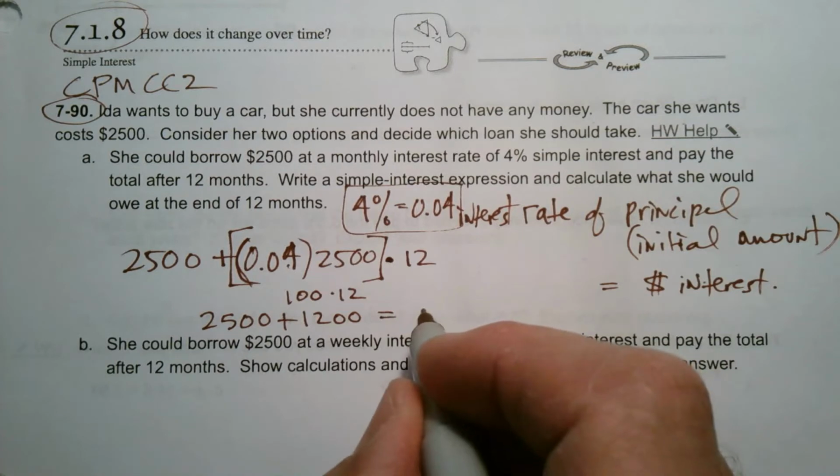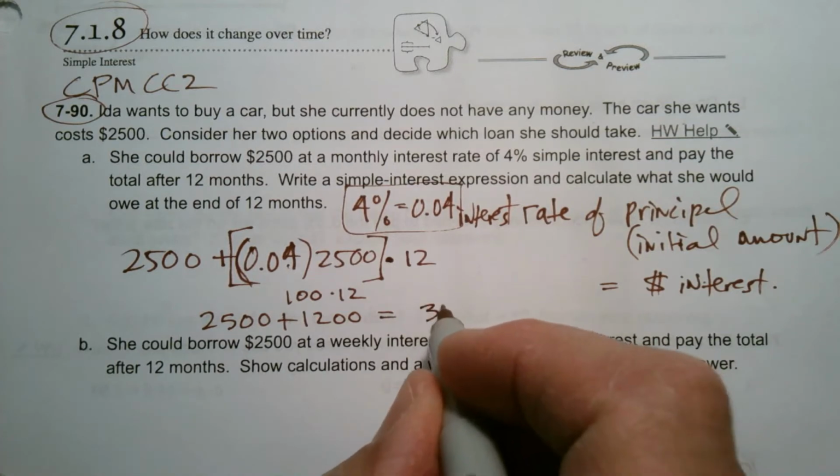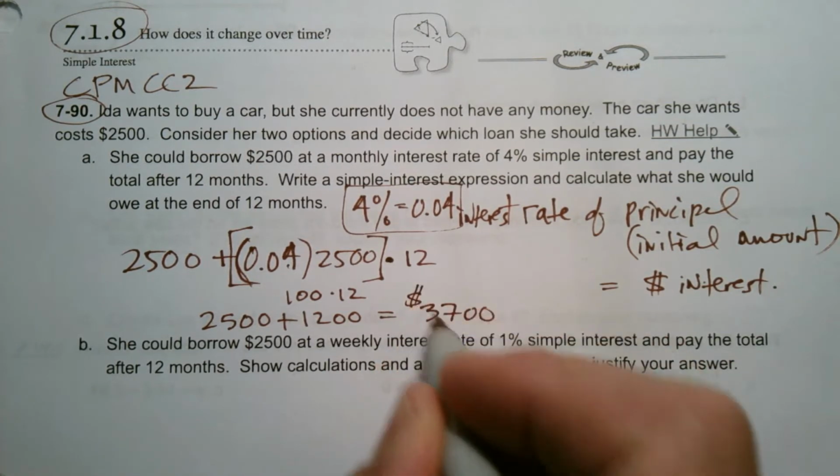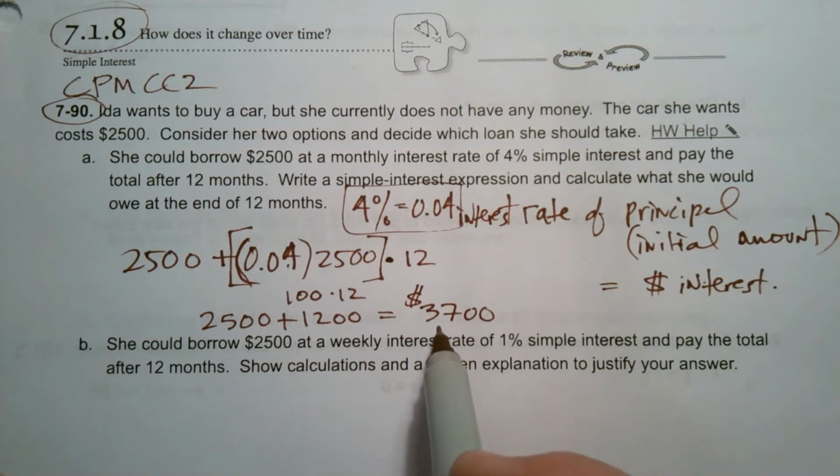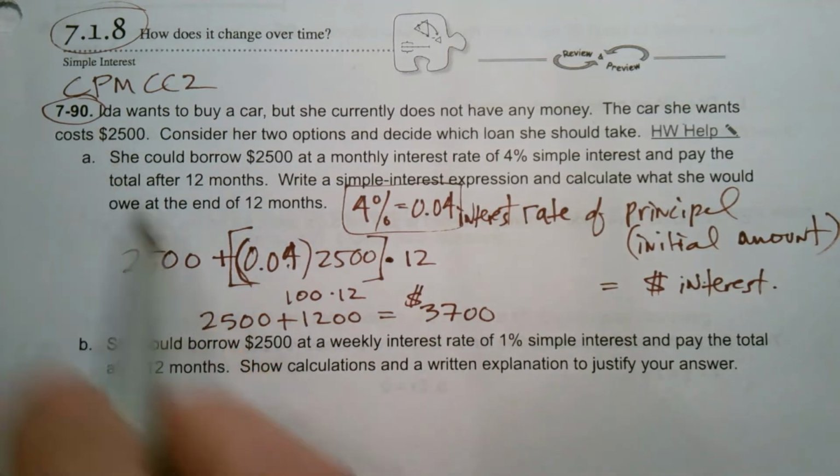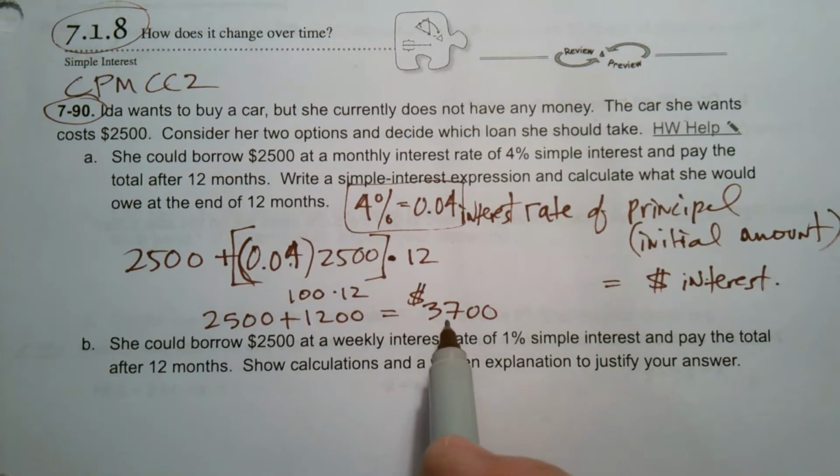And that's going to give me a total of $3,700. So that's how much Ida will owe after 12 months with this plan.